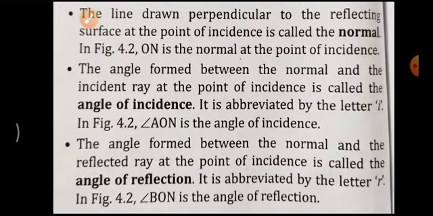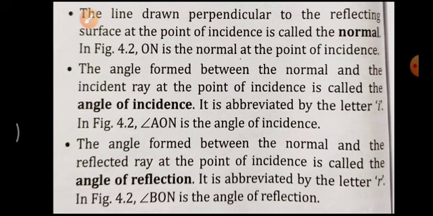And the line drawn perpendicular, that is 90°, to the reflecting surface at the point of incidence is called the normal. Simple one only. Then the next one: the angle formed between the normal and the incident ray at the point of incidence is called the angle of incidence.